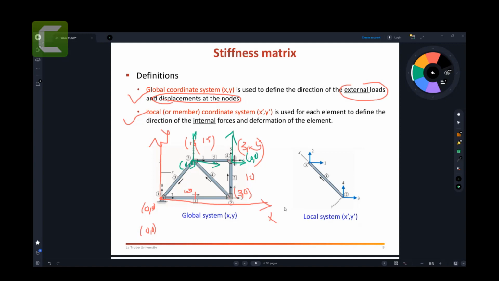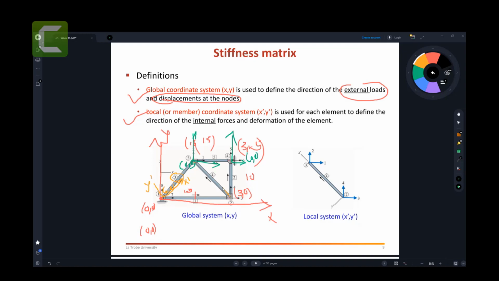Now in the local coordinate system, each member has its own system. So for example, this has 0, 0 here. That is 0, 0 for this member number 3. And then you have this local. So the global coordinate system is represented by X and Y, but the local coordinate system is represented by X prime and Y prime.